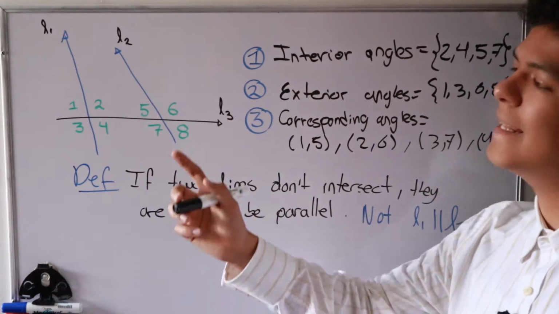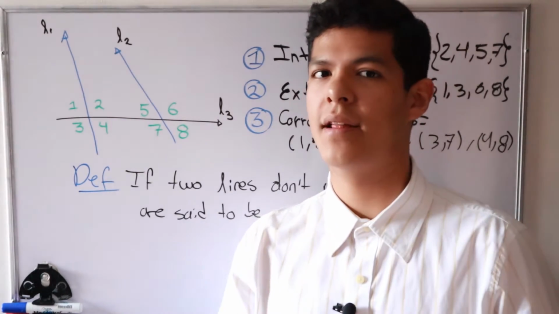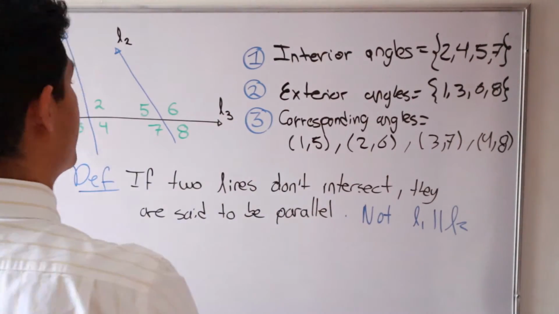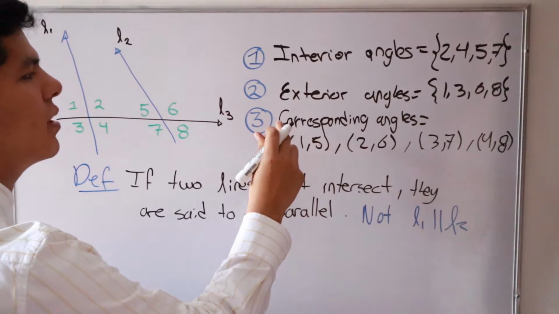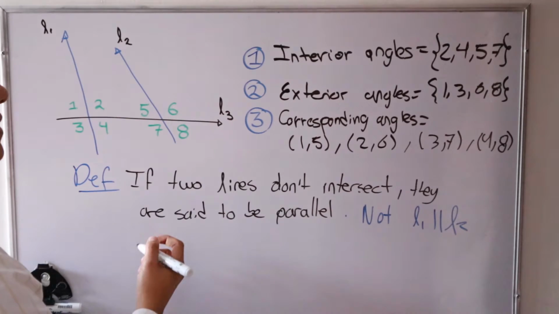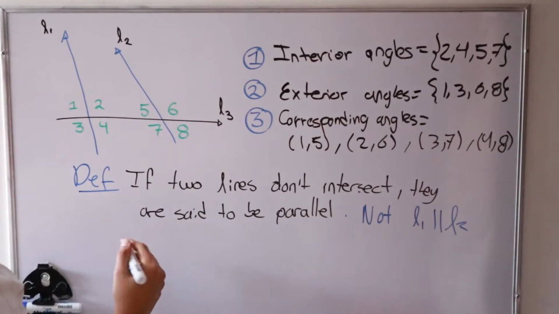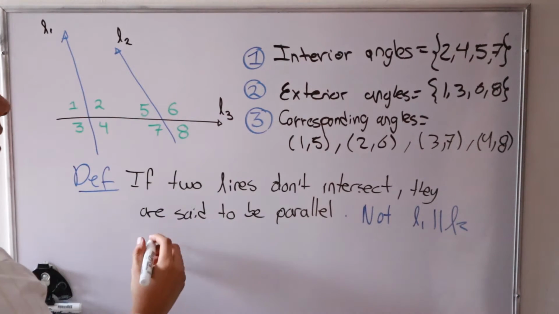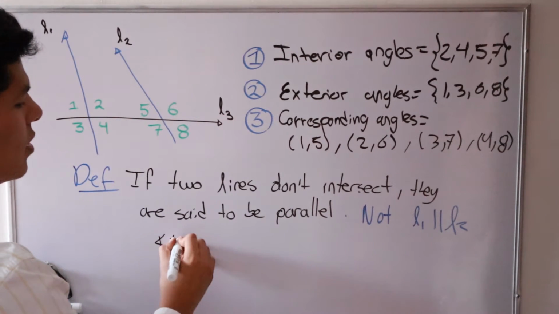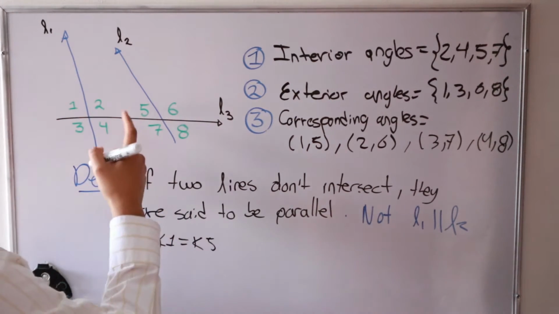One characterization of parallels is that the corresponding angles will be congruent or equal. So if L1 is parallel to L2, we will have that the angle 1 will be congruent or equal to the angle 5.